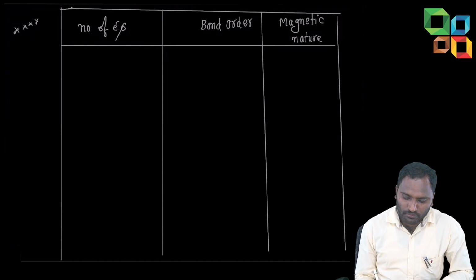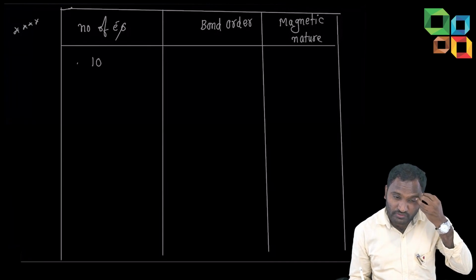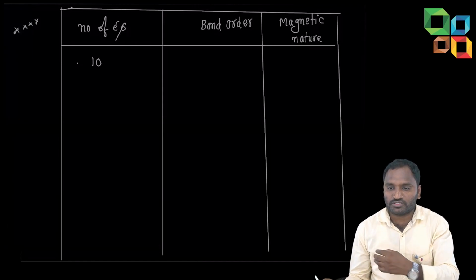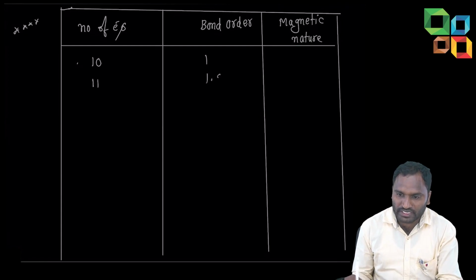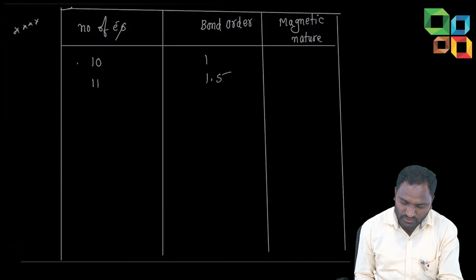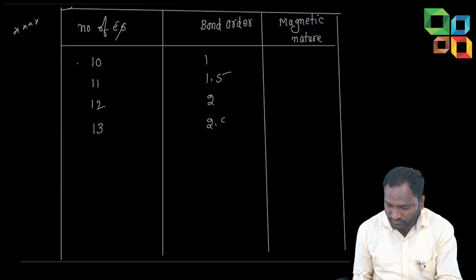Number of electrons: from 10, I will take up to 19, all easy. Sigma 1s is 2, sigma star 1s is 2, same model. Bond order is 1. 11 electrons, bond order is 1.5. If you write it out, you will get the same thing. If the system contains 12 electrons, bond order is 2. If it contains 13 electrons, 2.5.